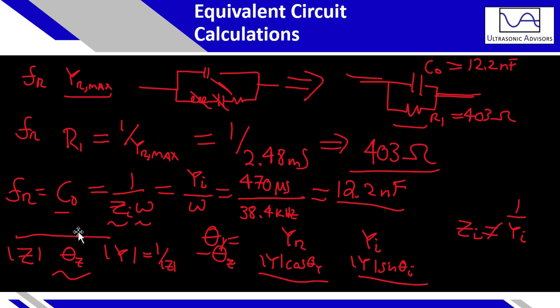For example, you can display real admittance very easily on your particular brand of impedance analyzer. Most, if not all, impedance analyzers will have this function to display conductance or real admittance correlating to the power.